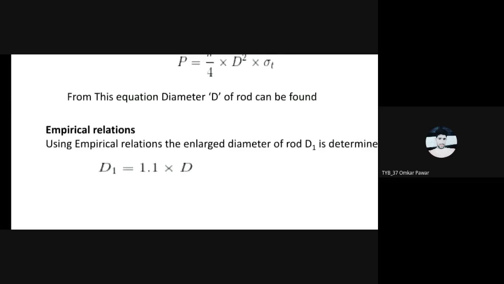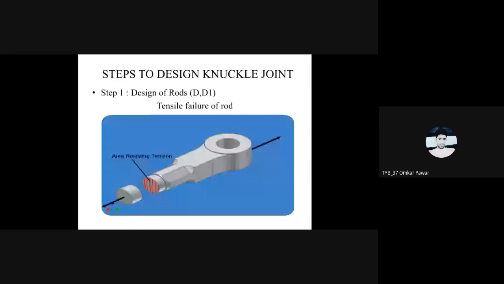It is enlarged so that it becomes easy to manufacture. Otherwise the rod diameter D is capable of taking the tensile load, so you could keep it as it is, but to have easy manufacturing we are going to enlarge it somewhat. You can see the drawing again: see the enlarged part, a nut-type structure has been made.